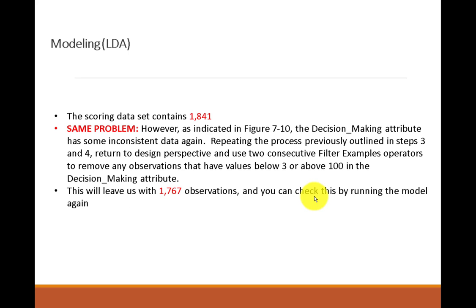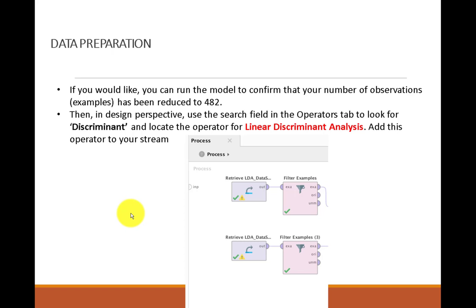Now, if we run the analysis, and we're going to see it in the video, you will end up having about 1,767 observations, or new high school students. So we are doing what we did before.